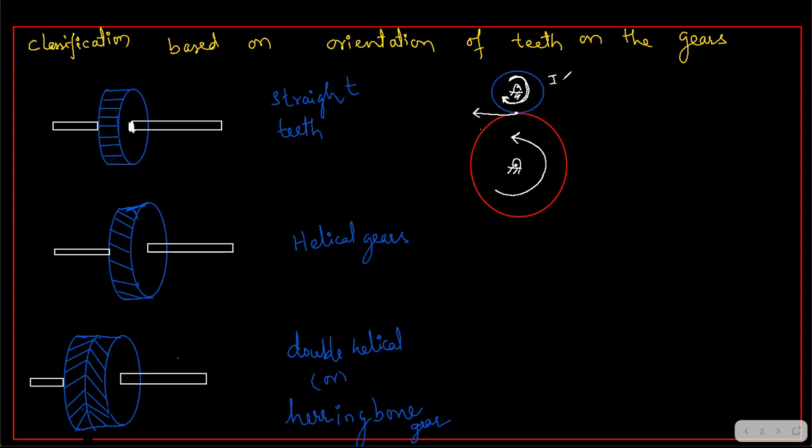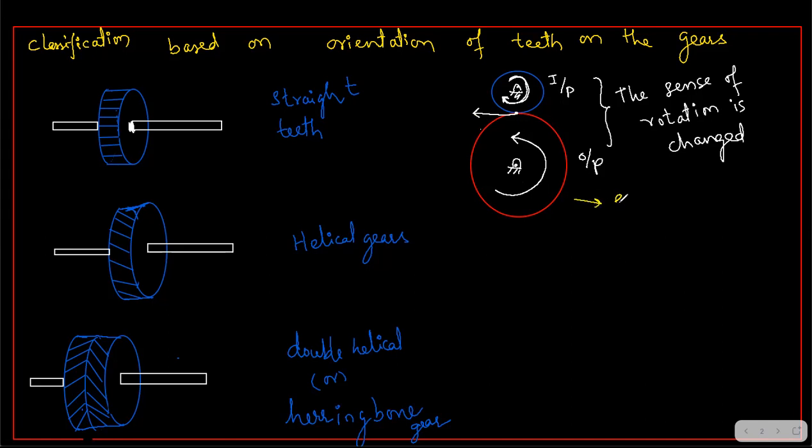If this is input and this is output, so input to output, the sense of rotation is changed. So this is called as external gearing. So this gearing is called external gears.